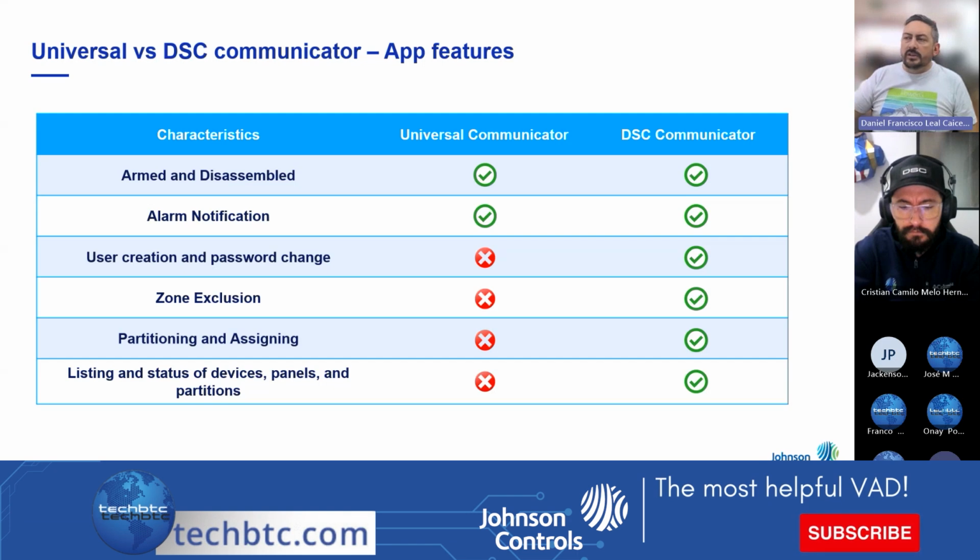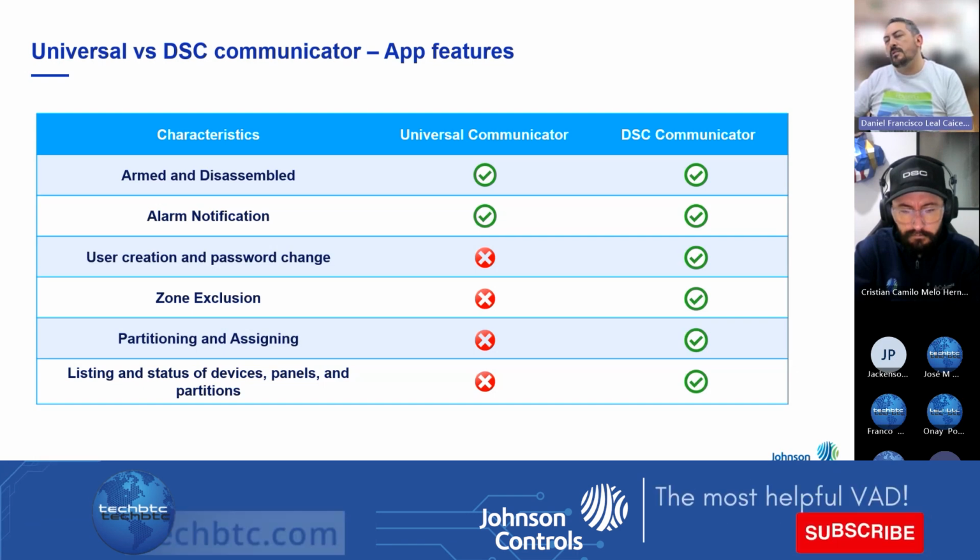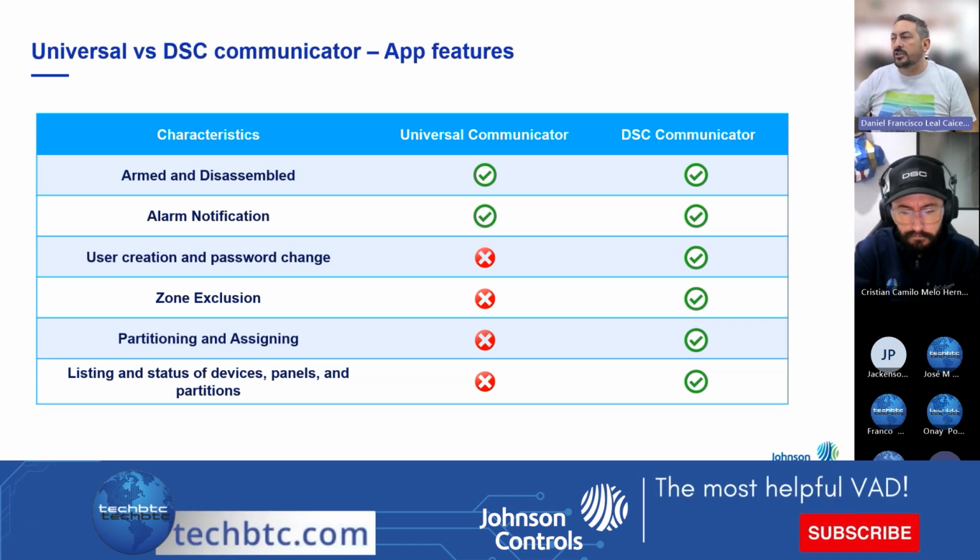If you have a universal communicator, you will only be able to do arm and disarm and receive notifications on your app. That's important to understand because, of course, you can use universal communicators and maybe for transitions it will be a good opportunity, but mainly having our products will let you take all the advantage of the solution.